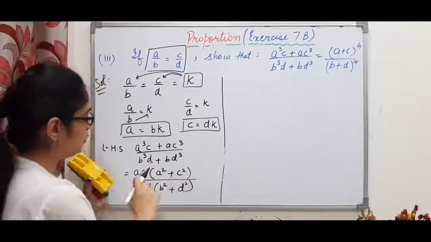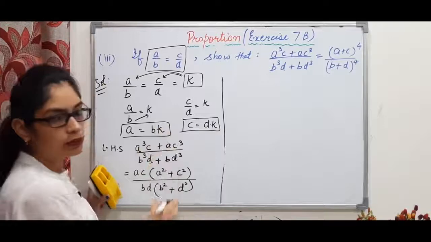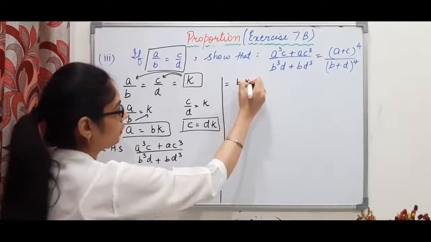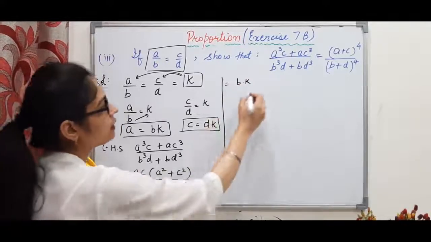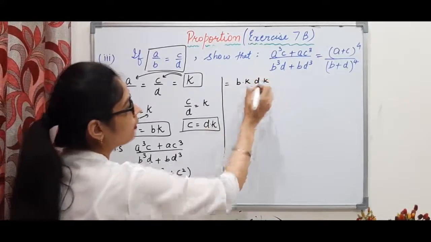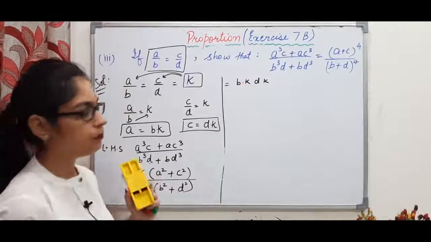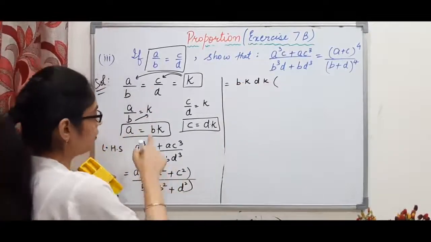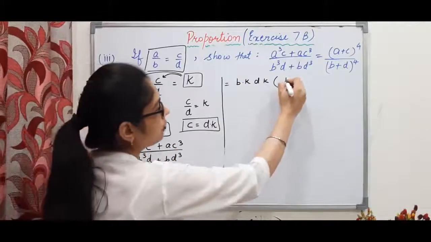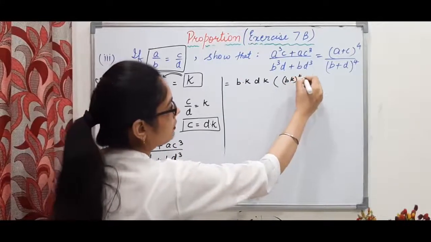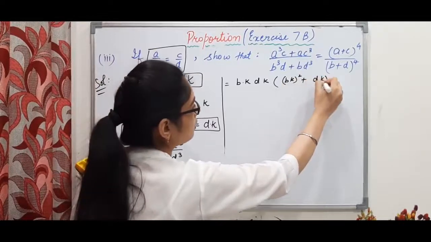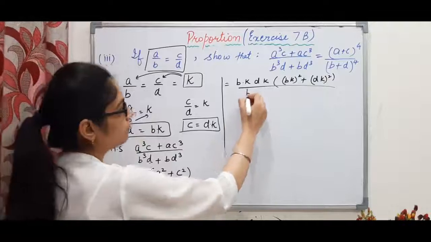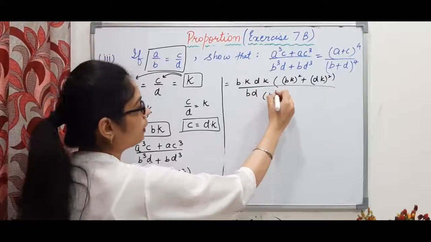Now let's substitute. A is equal to BK, so in place of A let's write BK, and in place of C, C is equal to DK. All alphabets written together means they are getting multiplied. So A square is BK square, and C square is DK square, over BD into B square plus D square.